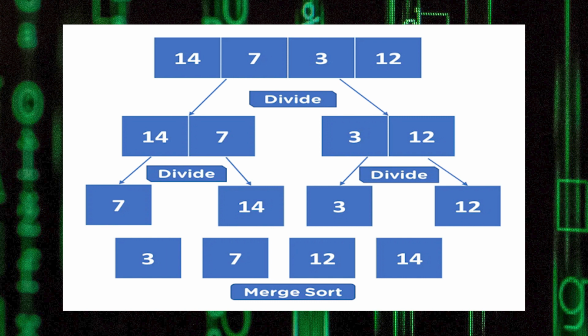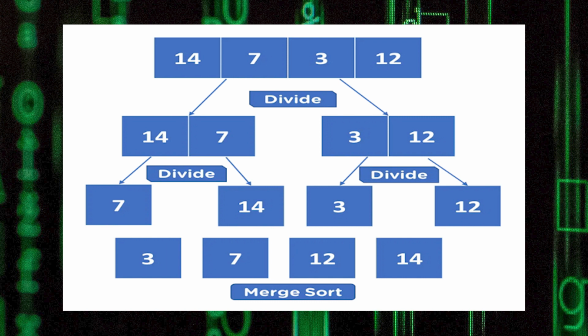In the next step 3 and 7 are merged, and 12 and 14 are merged with each other. In the last phase 3, 7, 12, 14 will be merged together and a single array will be displayed, and the output of the merge sort algorithm will be displayed after the implementation.